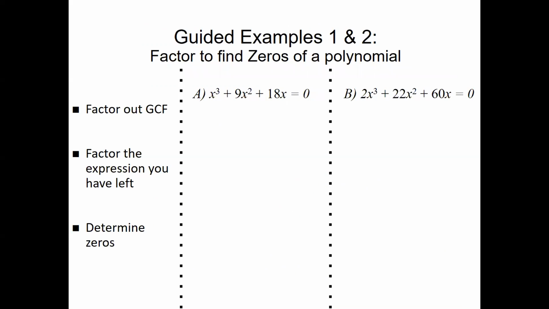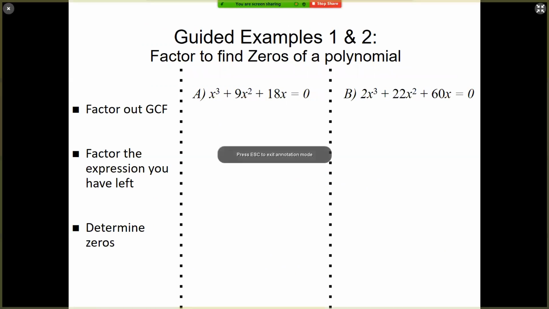So letter A, we have x to the third plus 9x squared plus 18x equals 0. First thing I notice about those three terms, they all have x's in them. So in this case, I have a greatest common factor of just x. So we're going to factor x out of all three terms.